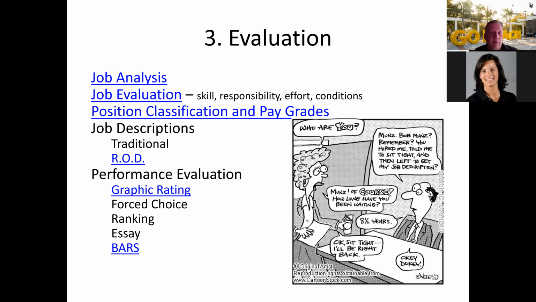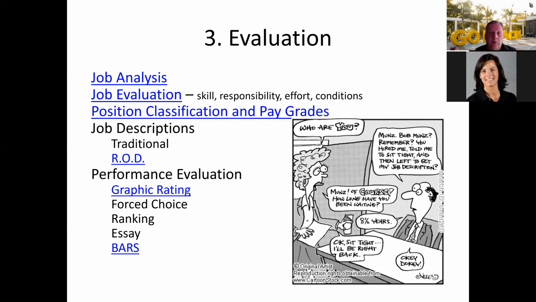A more modern type of position description is what's called an ROD, and that stands for a results-oriented description. So instead of just saying, this is what you're doing on a daily basis, and here's the percentage of time every day you're devoting to this type of aspect of your job, we put in there expected results for those activities.